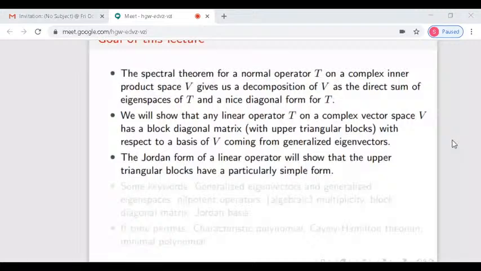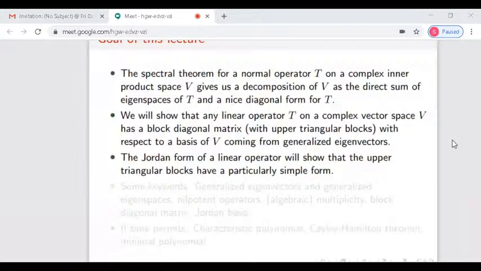That's a very simple form, and this means that if you're looking at matrix multiplication, for example, that becomes so much simpler because, as we all know, matrix multiplication is not an easy thing in general, right? Even for us, and even when you are doing it via code. So when you make the matrix as simple as possible with respect to some basis, it is very nice for such things.